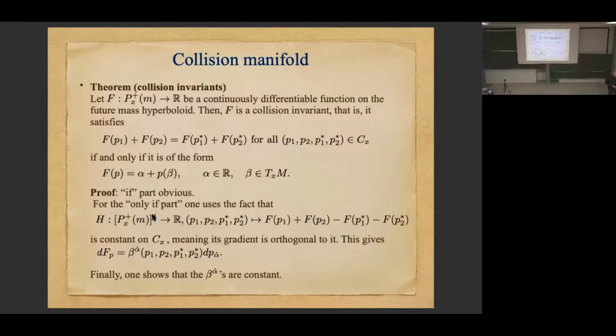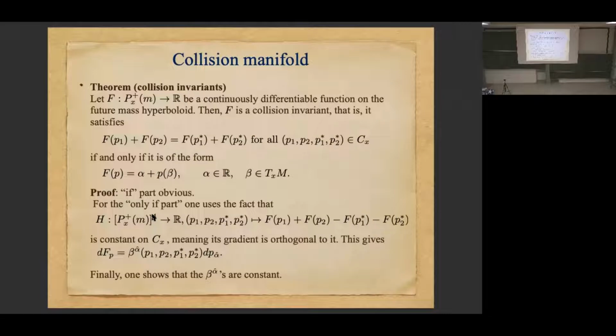All right, and now there's an important theorem. It will be very important for later. So you can ask the following question. So if you have a function on the future mass hyperboloid, which is, say, continuously differentiable, and you require that this F is a collision invariant. So the collision invariant means it preserves the energy momentum conservation.